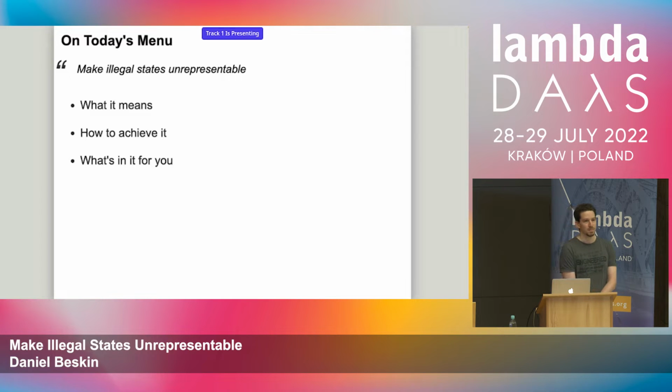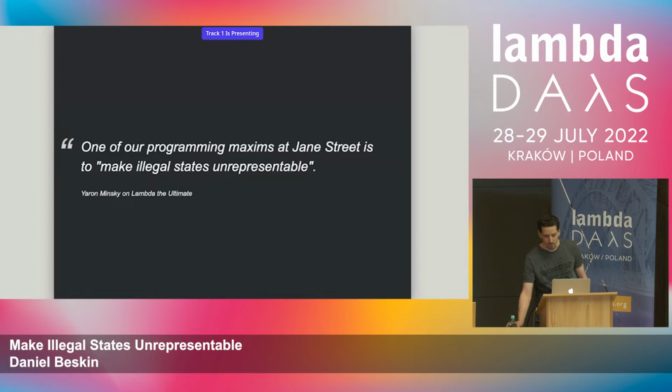Then I'll show some simple techniques to try to achieve this ideal, and we'll conclude with the benefits you might expect to reap if you follow this principle. This is mostly a beginner-friendly talk, so don't expect mind-blowing techniques. But I do hope that the perspective I'm about to show is useful even for more experienced developers.